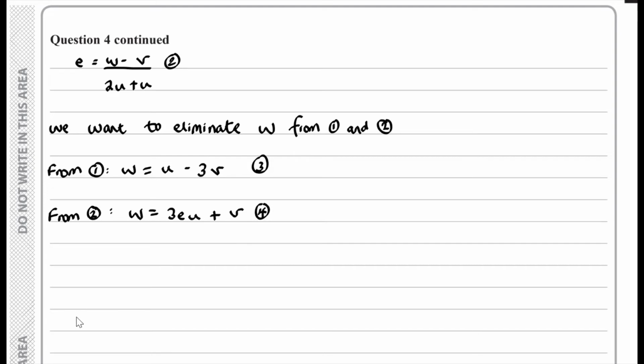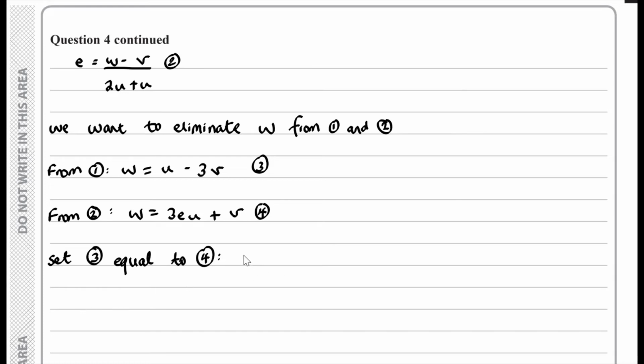We'll call this equation 4. And if we set equation 3 equal to equation 4, that will eliminate W. So we will set equation 3 equal to equation 4.